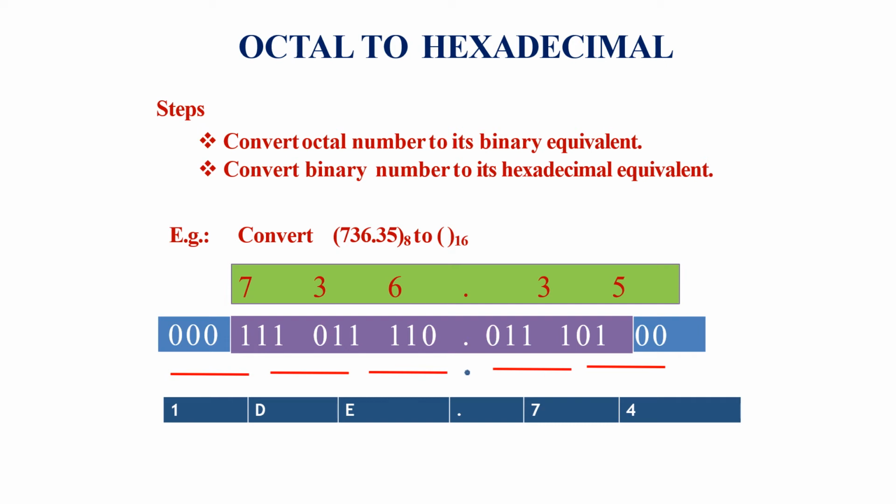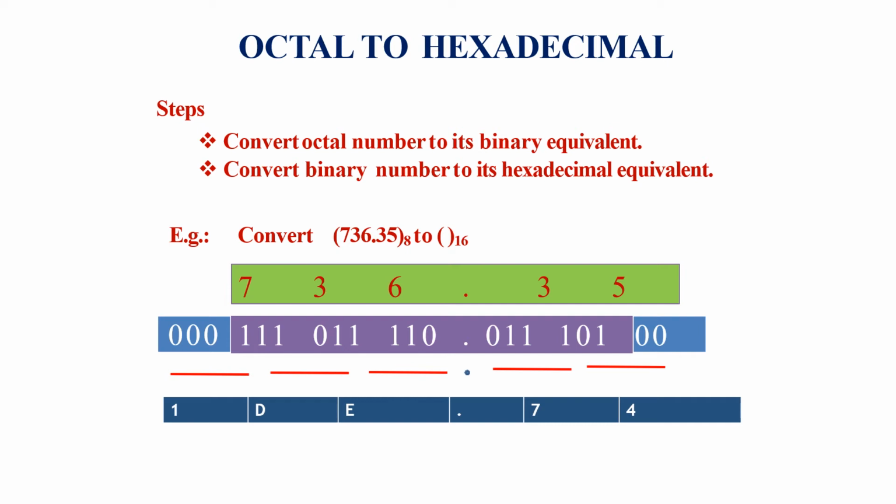Okay. Now we can write the equivalent hexadecimal. What is this group? 1110, which is equivalent to E in hexadecimal. And here it is 1101, which is equivalent to D. 0001, which is equivalent to 1. Similarly here, 0111, which is equivalent to 7.